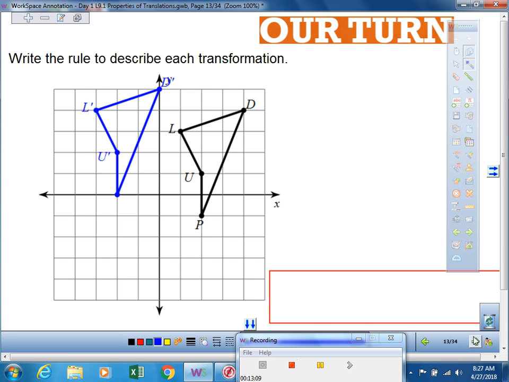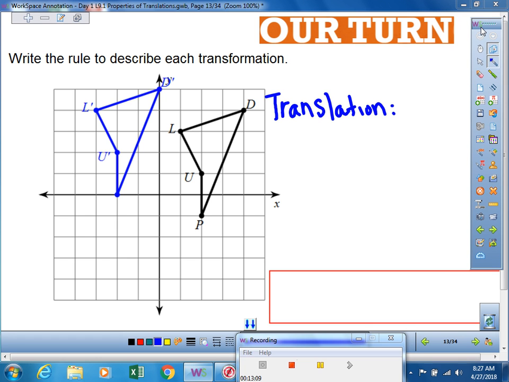They're all going to be translations, okay? But as we go forward, when you have to write a rule, you have to look at the actual shape. But see how it just slid up? It stayed the same physical orientation. So you can say it's a translation. So you would write translation.